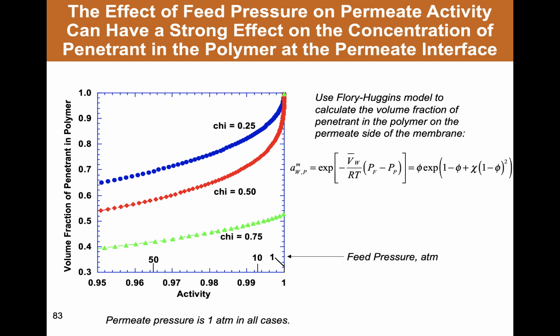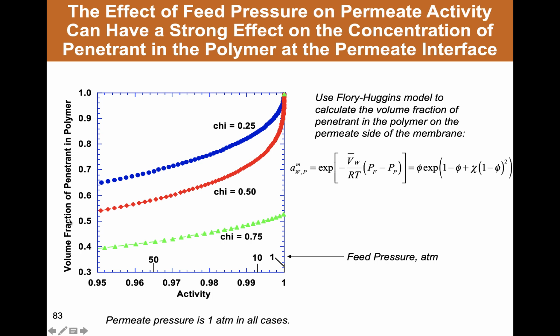And so that's why these volume fractions start at 1. Now, in a practical situation, the ones that we've been looking at in these strongly swelling cases, like the rubbers being exposed to organic liquids, those materials were all cross-linked, and so it would be more appropriate to use something like the Flory-Rehner model. I'm just doing this to show the effect of pressure on volume fraction for several different chi values.